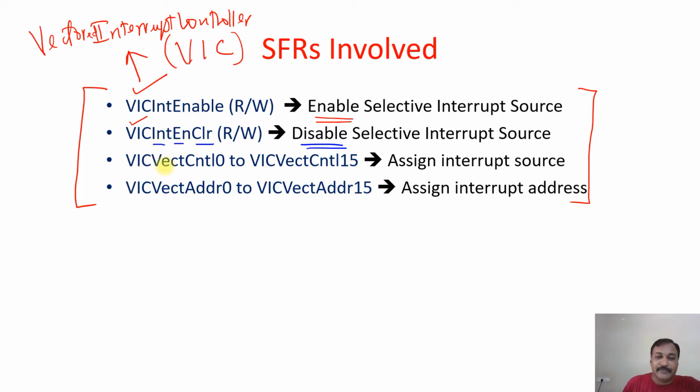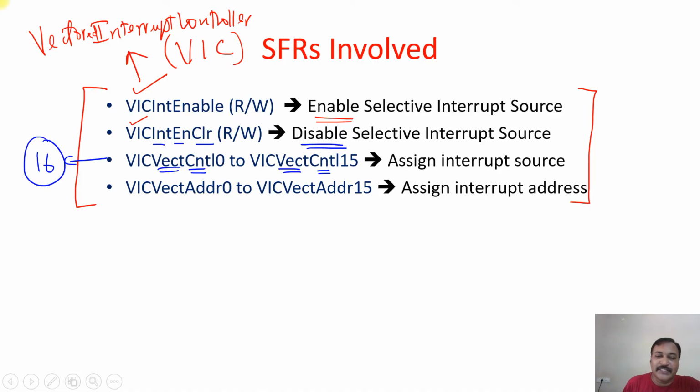The third SFR is Vector Control 0 to Vector Control 15. Totally 16 registers are available here. These registers are used to assign a particular interrupt source to the Vector Interrupt Controller.